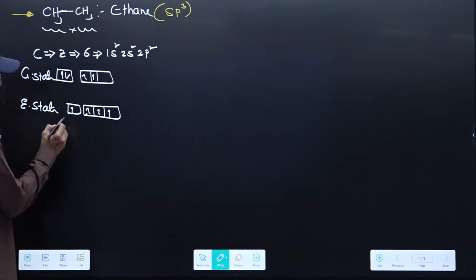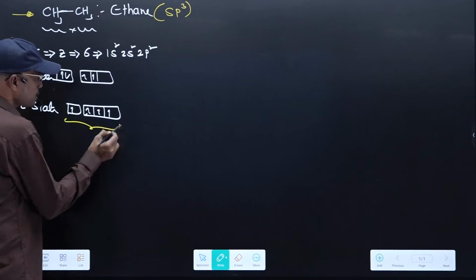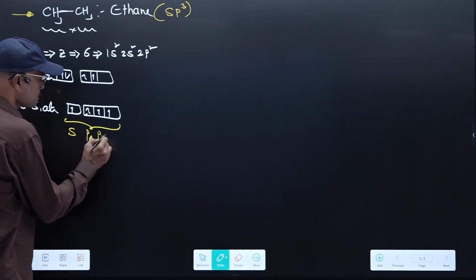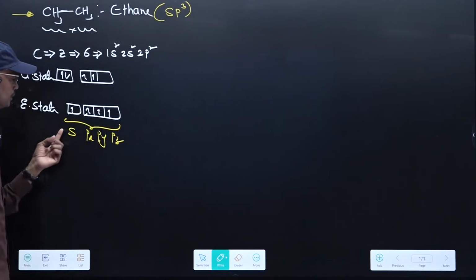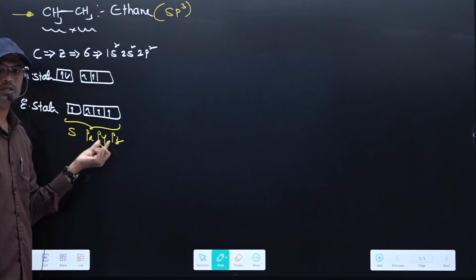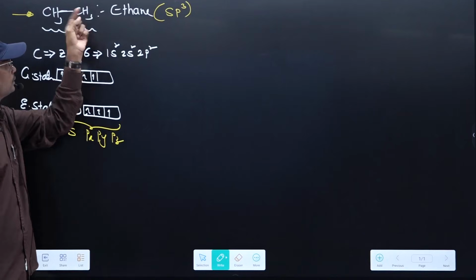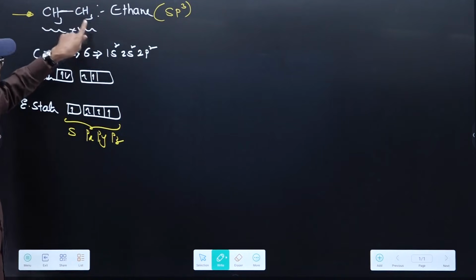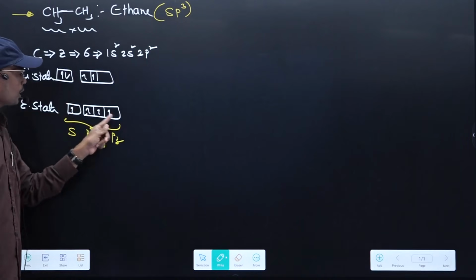4. Now one s orbital and 3 p orbitals are intermixing. This is s orbital, px, py, pz. One s orbital and 3 p orbitals are mixing for one carbon. This carbon hybridization is what? sp3. This carbon? sp3. So in this carbon 4 atomic orbitals are overlapping.